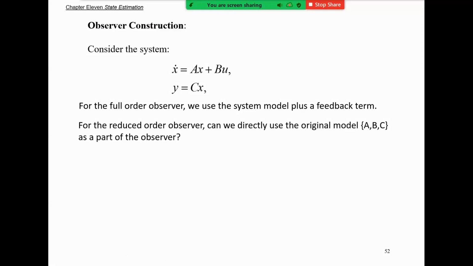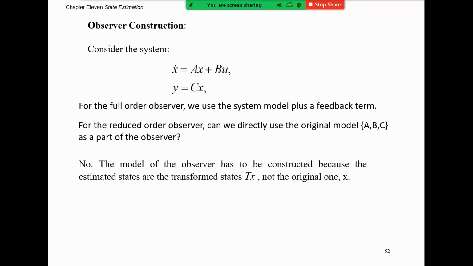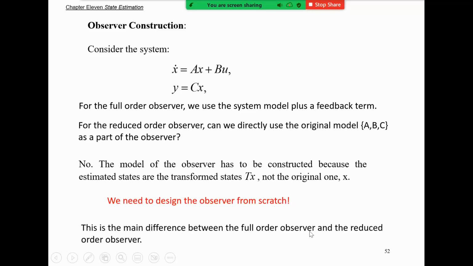So the model of the observer has to be constructed differently, because we are not going to estimate x directly, we are going to estimate T times x, the transformed state. That makes a difference. So we need to design the observer from scratch, and we cannot use A, B, C directly. That will be the main difference between the full order observer and the reduced order observer.